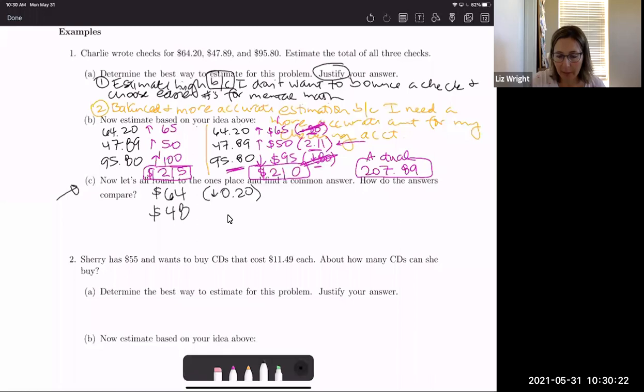Here, if we went up to 48, that is going up by 11 cents. And then this one would be going to $96. And so that again is going up by 20 cents. So these down by 20, up by 20 kind of cancel each other out. So this one's only going to be off by 11 cents.